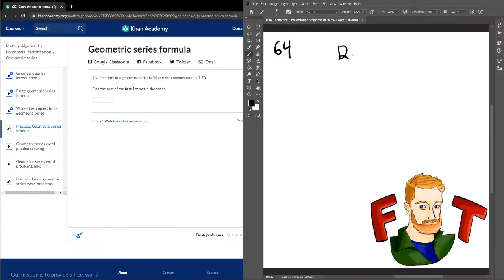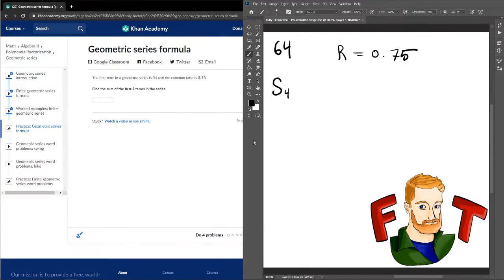I'm just using R as my symbol for that. Find the sum of the first four terms in the series. So S sub 4 is what we're looking for here.